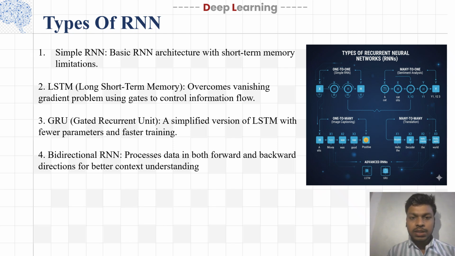Then the third one is GRU, a gated recurrent unit. It works like LSTM, but it is faster and has fewer parts, making it easy to train. And the last one is the bidirectional model. It reads data in both forward and backward ways, giving a full sense of context. This type makes sequence learning more effective for text, sound, and time-based data.